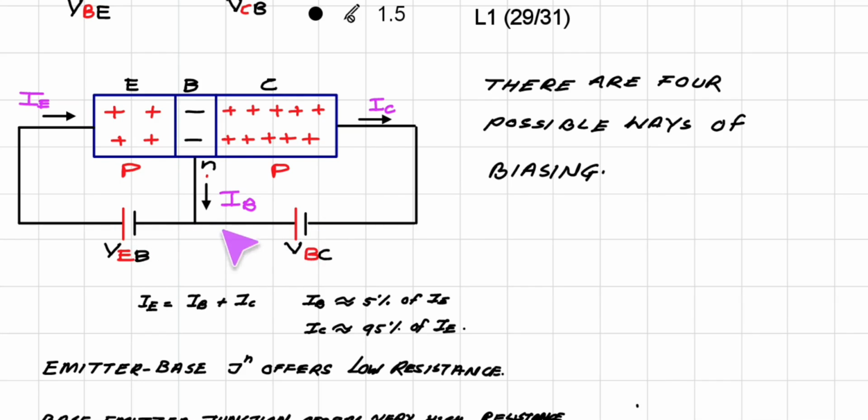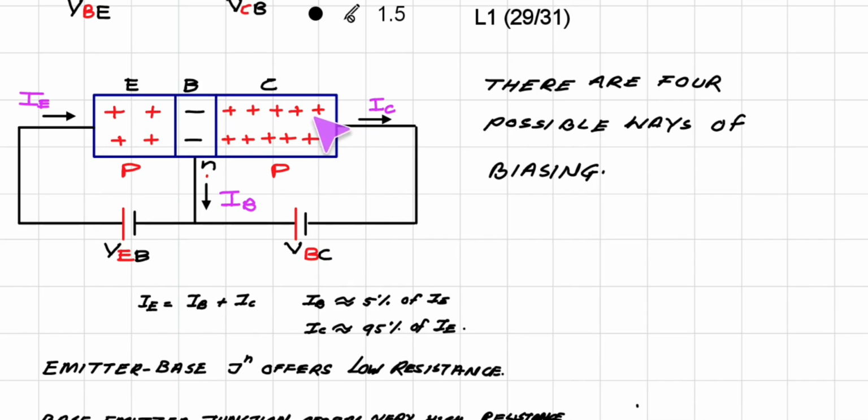When both are reverse, remember that this junction will be reverse biased and this junction will be reverse biased, and a very small leakage current will flow in this diode as well as this diode, and no charges will flow from emitter to collector.